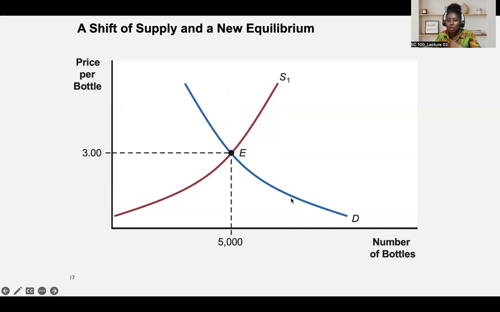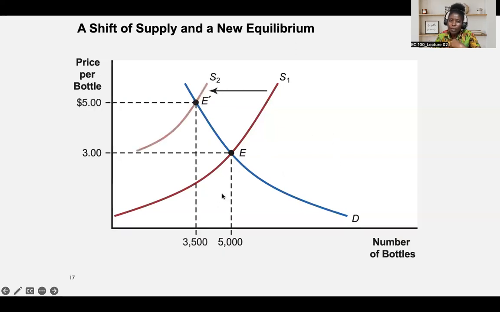So that is a double shift, but it's different curves shifting. So the question now is, what is going to be the new equilibrium level whenever there's a shift, whether one or two? This is an example with the weather condition.